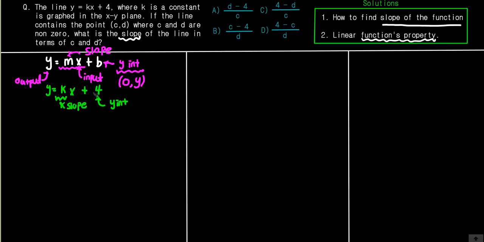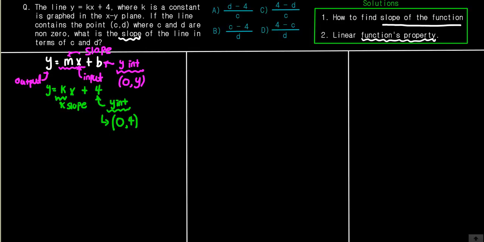So we can write down one coordinate. The y-intercept means the x value is 0 and the y value, in this case, is 4. The coordinate is (0, 4).